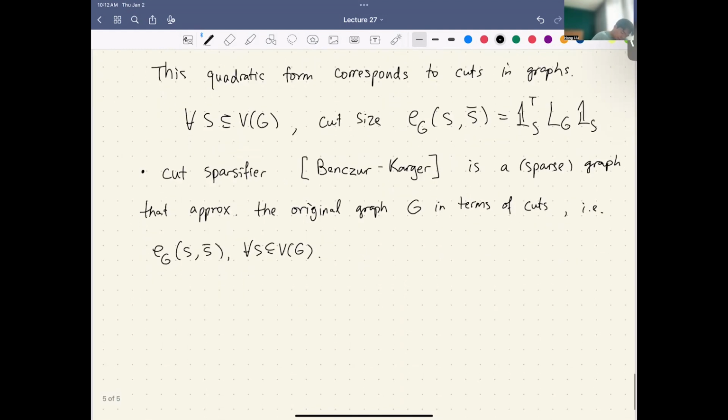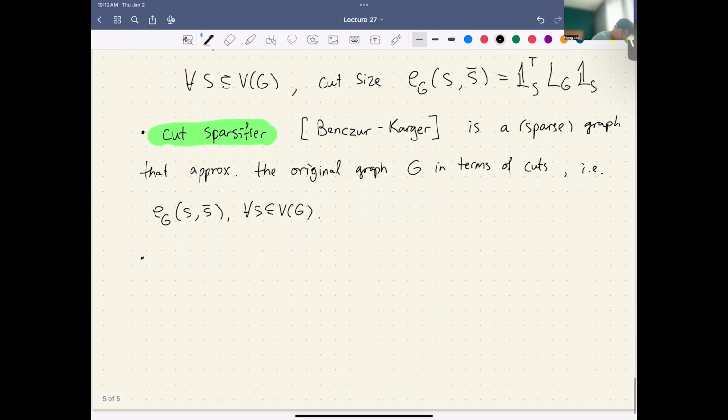Later, Spielman and Teng introduced a more general notion, this notion of spectral sparsifier that I mentioned.